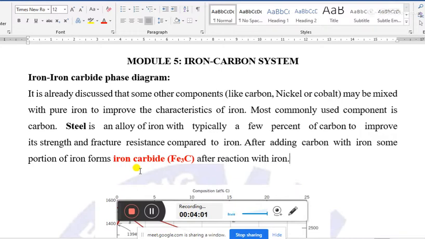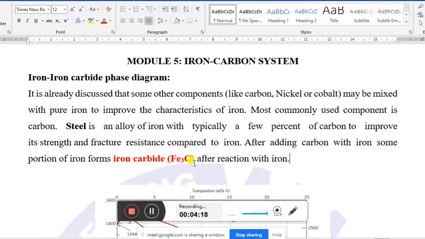In the iron carbon system there will be a portion of pure iron and a portion of iron carbide, and that is why the system may be considered as a binary system or two component system.